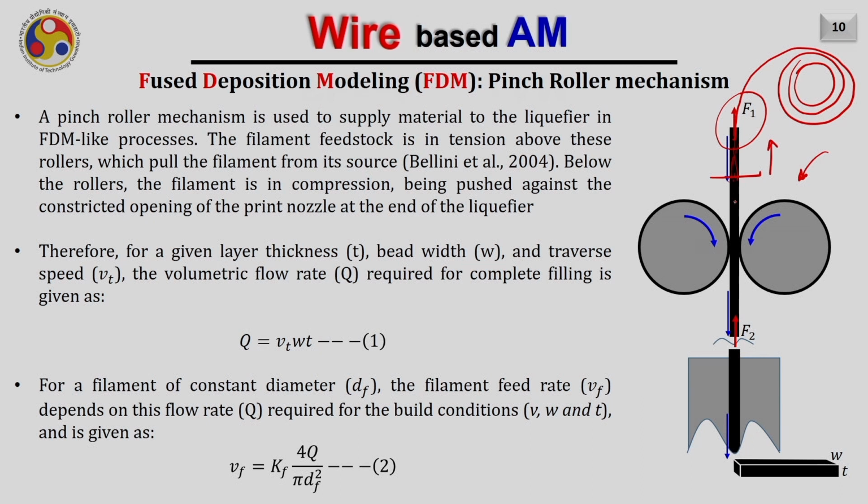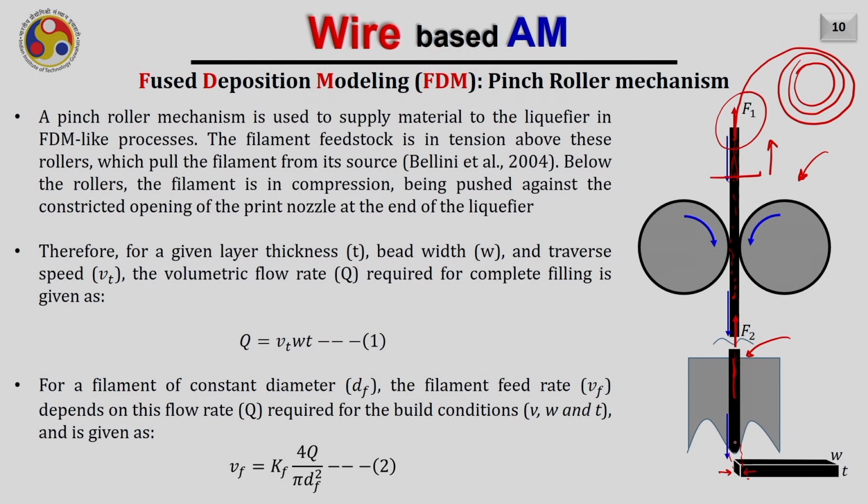Further, when the wire is pushed beyond the pinch roller mechanism, it is going to enter the liquefier. In the case of the liquefier, the exit orifice is very tiny, very small, right? We need to apply some additional force from the top to push this wire into this tiny orifice.